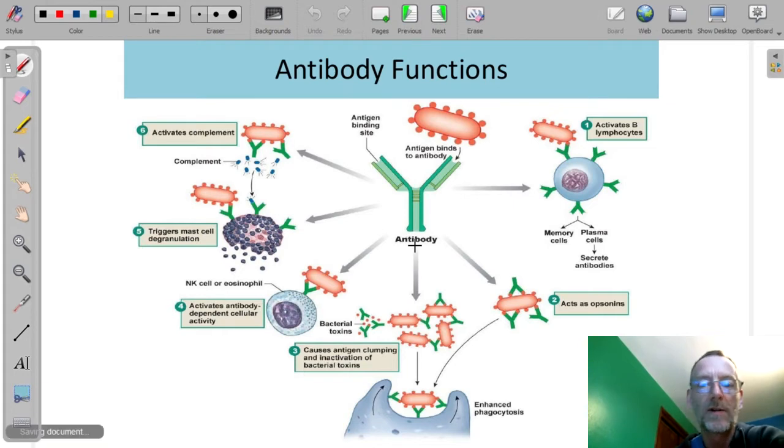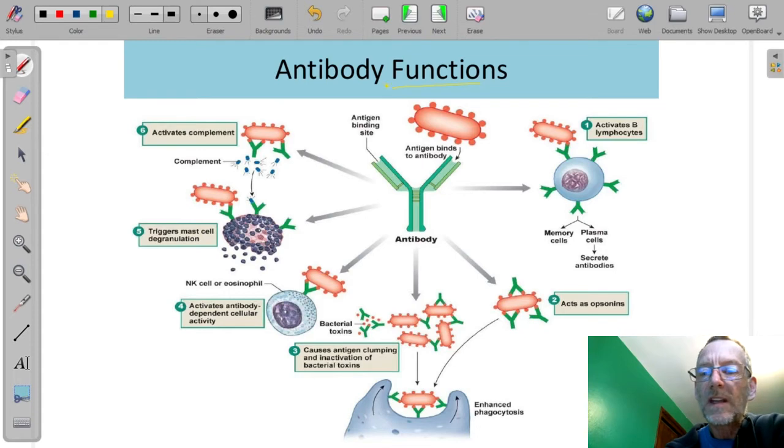So they do quite a variety of functions. So you should kind of follow along, and it should make sense as we go through it. So one function of antibodies is that they basically serve as the antigen receptor. So what we had drawn before for the B cell receptor was essentially an antibody that was stuck with the stem to the cell membrane.